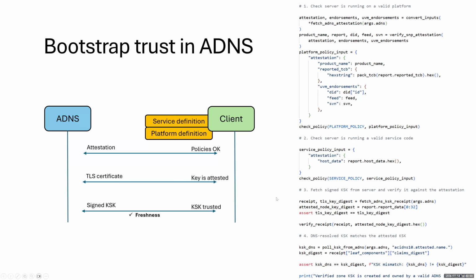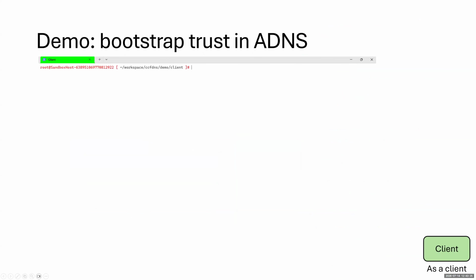So that's quite nice. This is what the sequence looks like, and essentially you're doing the same steps that the ADNS server does when it's registering a service, connecting to it, but you're doing that to the ADNS server as a client on startup. And once you've done that, you have this KSK you can trust.